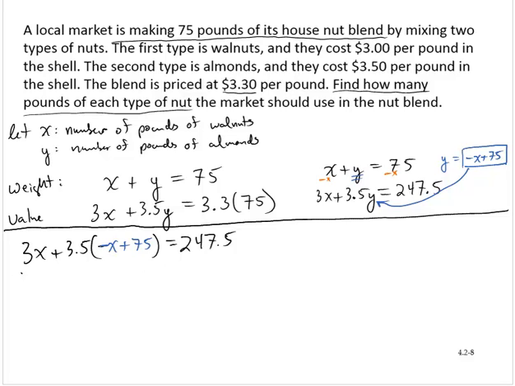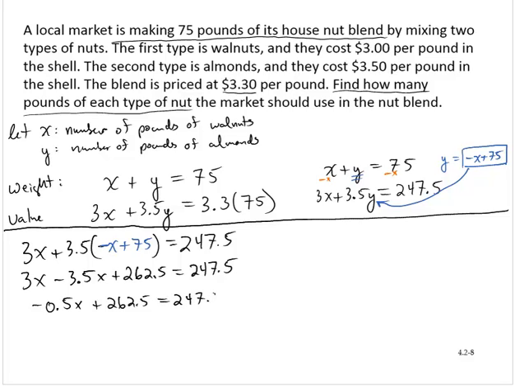Applying the distributive property, I'd have 3x minus 3.5x, and then 3.5 times 75 is 262.50, and that's equal to 247.50. Combine the like terms, negative 0.5x plus 262.5 is 247.5.